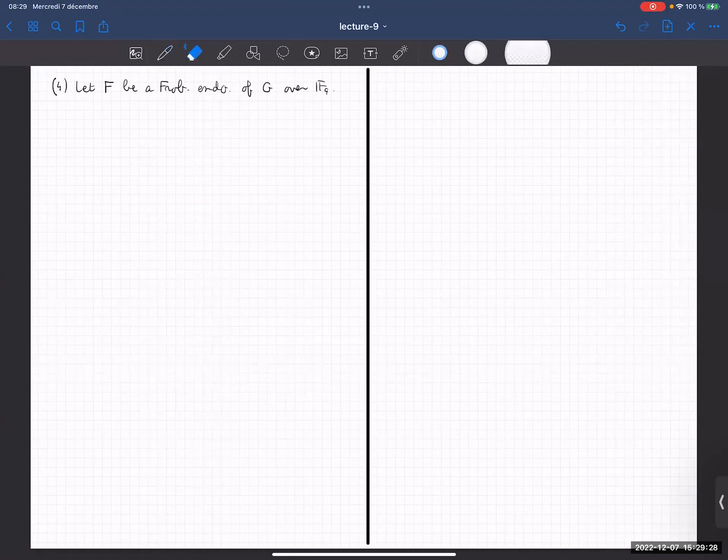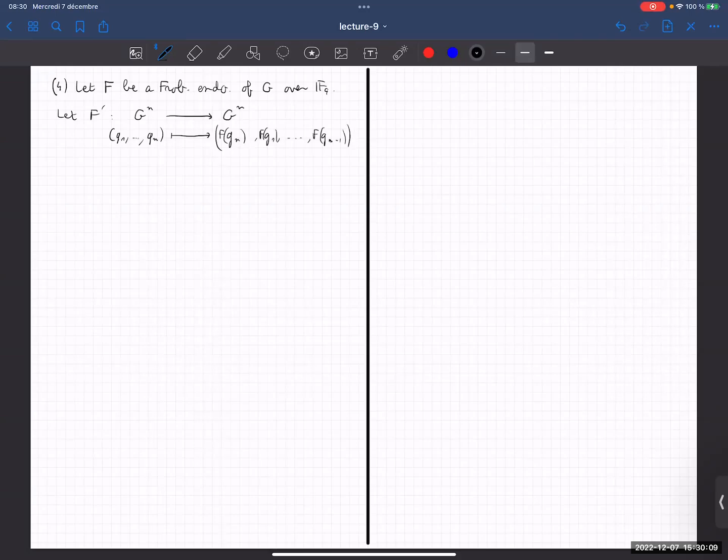I define F', the map that goes from G^n to G^n, that sends an n-tuple of elements of G to the elements that I obtain by making a cyclic permutation, but I apply F to everybody.